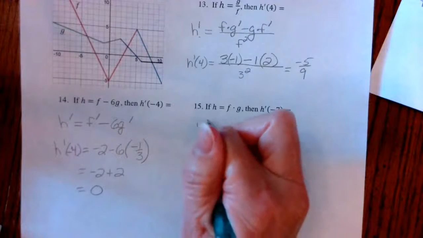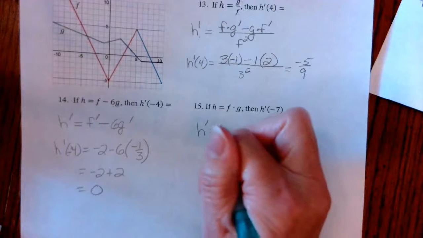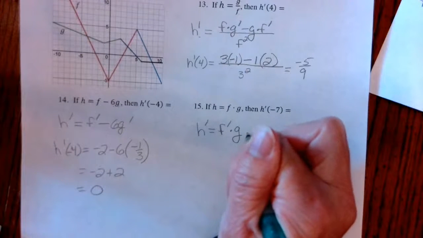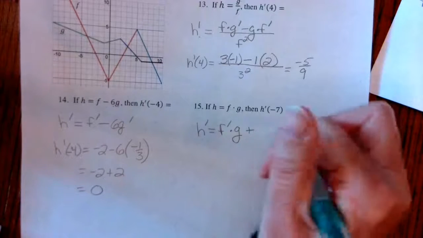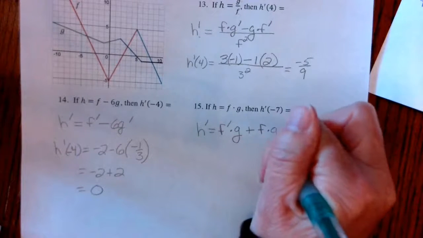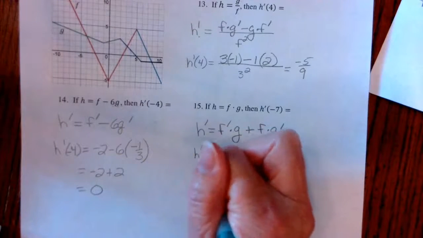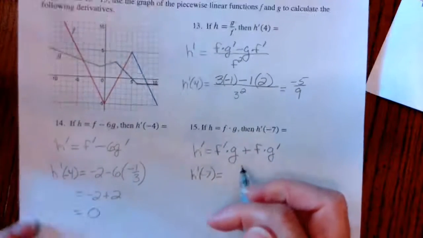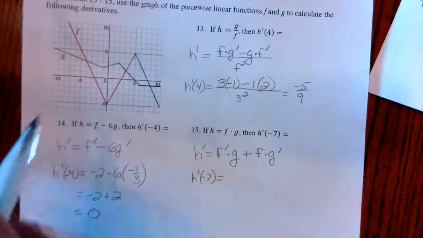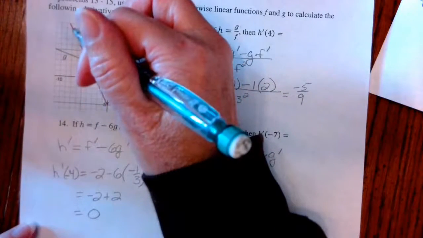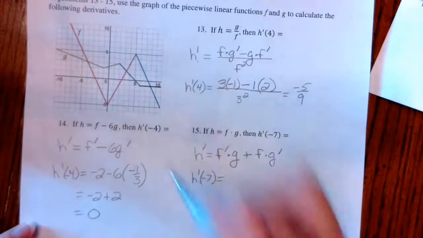H is now a product. Its derivative is going to be f prime times g plus, flip the roles, f stays, g goes to derivative. H prime at -7 is going to equal slope of f at -7 is looking like that -2 still.